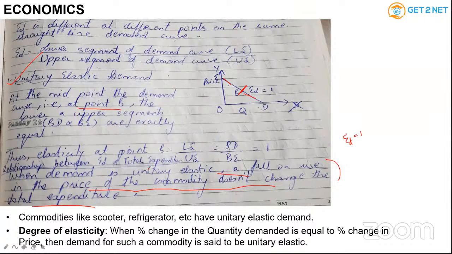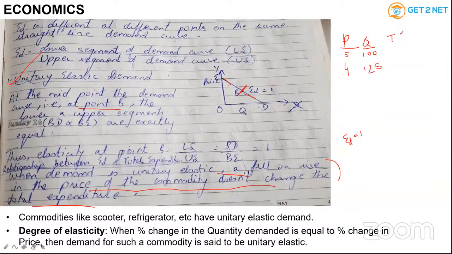For example, suppose price is 5 and quantity is 4. As per the law of demand, if price falls, quantity will go up, 100, 125. Now what will be your total expenditure?